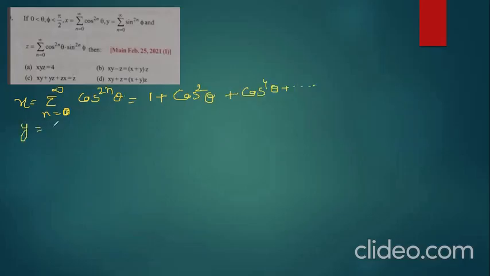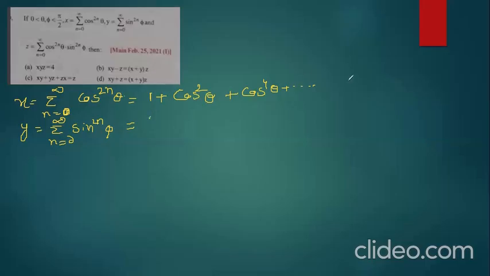Similarly, y is equal to sigma n is equal to 0 to infinity sine to the power of 2n, not theta, sorry, it is phi. Sine to the power of 2n phi. Write this series also the same way, then you will get an idea.